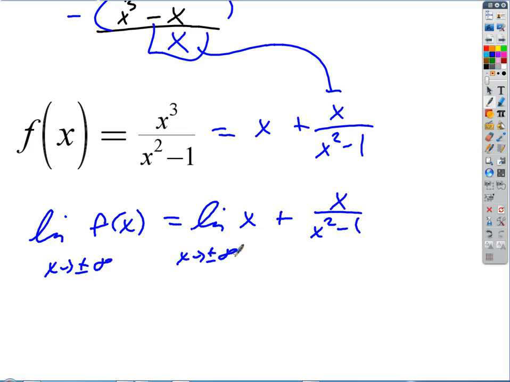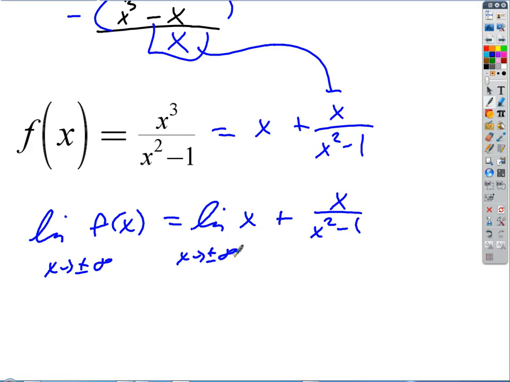What's going to happen to this term? What's going to happen to this where I've got a more powerful denominator than numerator? Okay, that term is going to go to 0, isn't it? Right? That limit goes to 0.